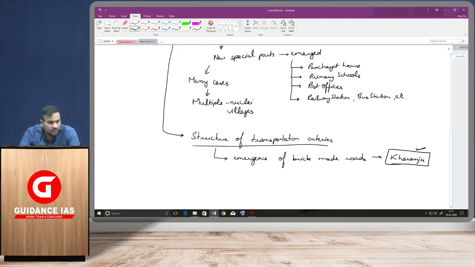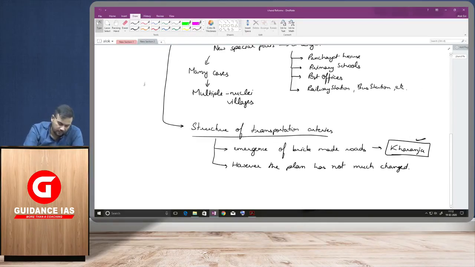So the structure of the transportation arteries has changed, although the plan has not changed. The plan of the transportation arteries remains the same, because there is hardly any space left in the village where you can construct new roads. So the plan has not much changed. So this is one type of change which has taken place.